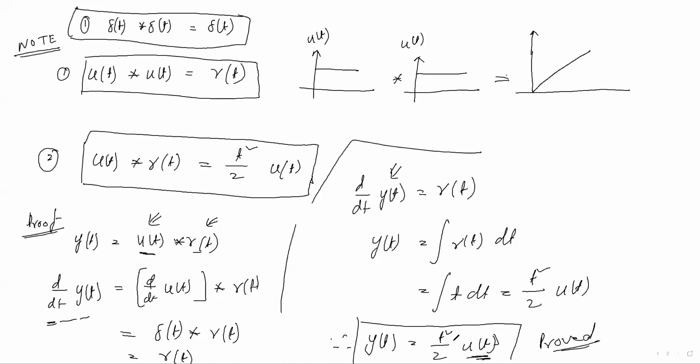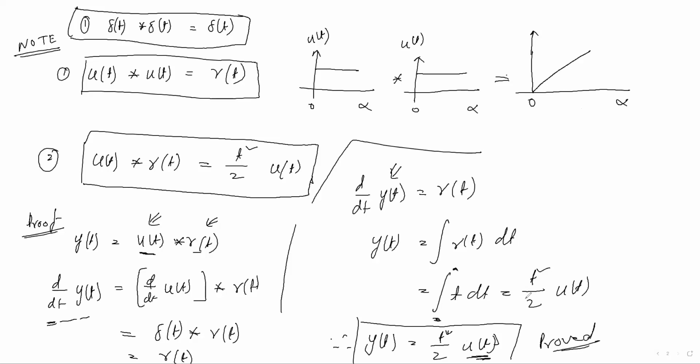First of all, you have to see the limit. All of these signals exist from 0 to infinity. This R of t also exists from 0 to infinity. If any signal exists from 0 to infinity, meaning positive time duration, that is a causal signal. And here we are not writing any limit in the integration.